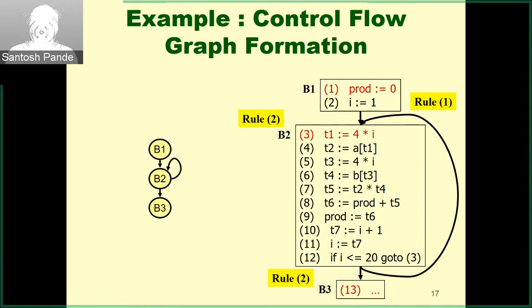So I may need to do certain analysis which might extend outside the loops, but that information will be, of course, finally used only for carrying out transformations within the loop. So there is a difference between what analysis I may have to generate in order to transform a loop, and of course, what do I transform using that information.